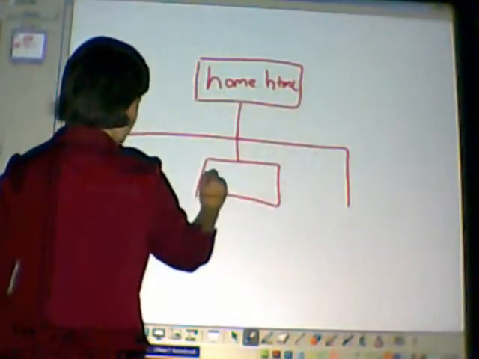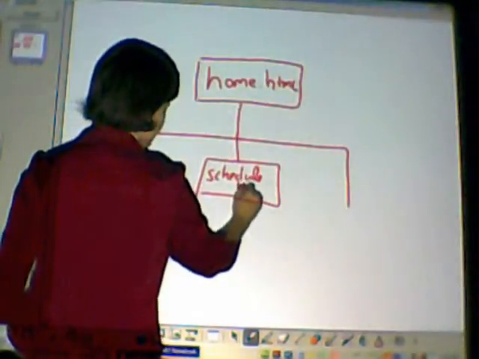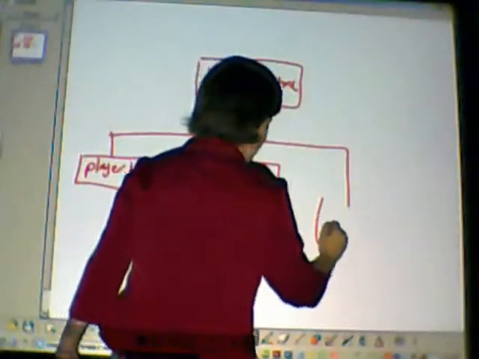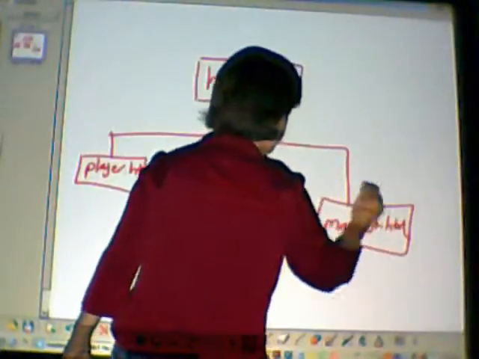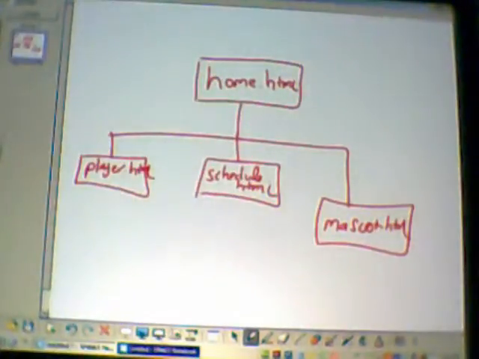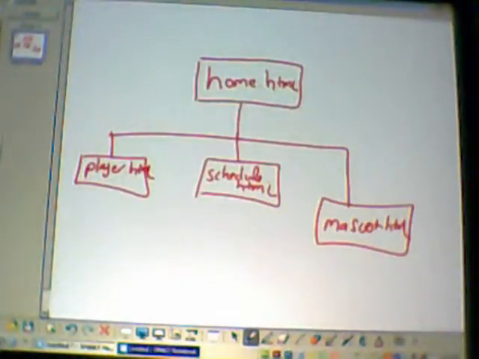This page is going to be called schedule.html. This one's going to be called mascot.html. Okay? Now, in website development, you have two choices to name your home page, and only two.